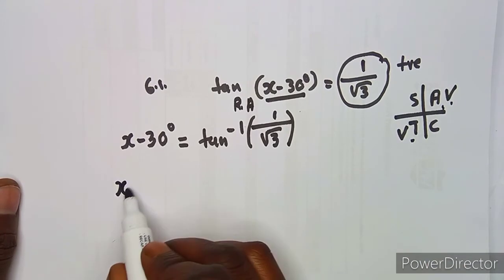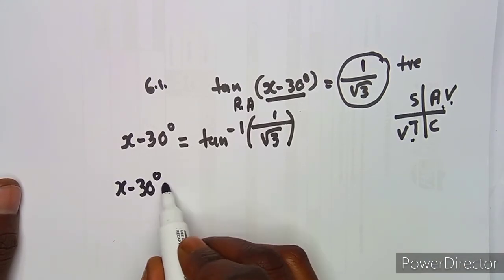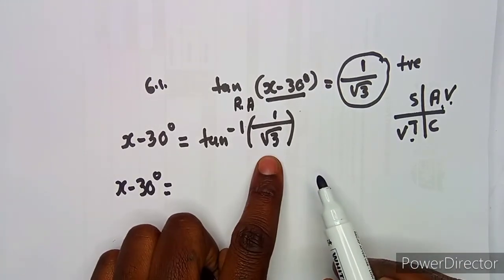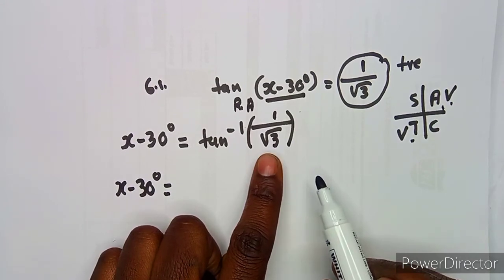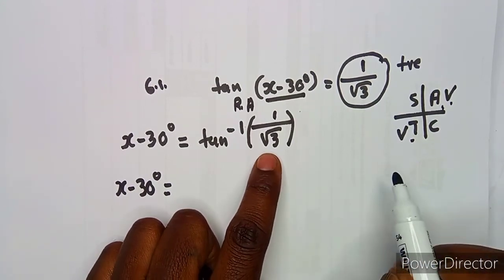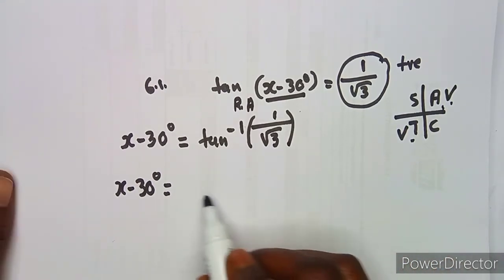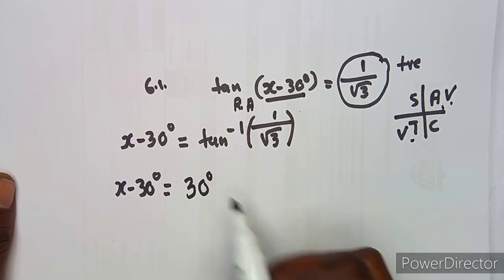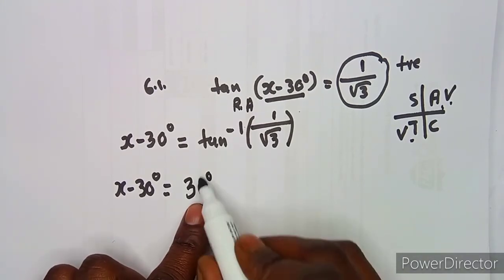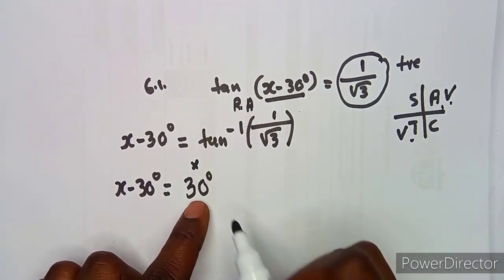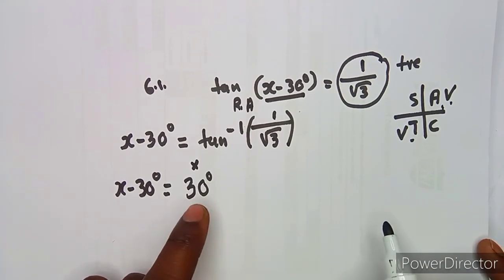Okay, so we have x minus 30 degrees equal to arctan 1 over root 3. And this arctan is just shift tan from your calculator, which is going to give you 30 degrees.